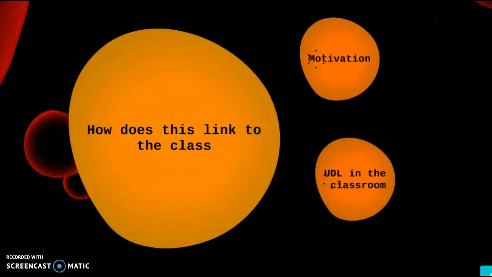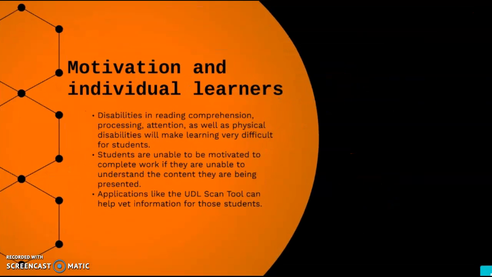with. Lastly, how does this link to the class, ACTE 633? We talked about motivation and motivational factors. The students that have a disability, specific disability in reading comprehension, attention deficit disorder, even physical disabilities, are going to have a hard time learning to begin with.